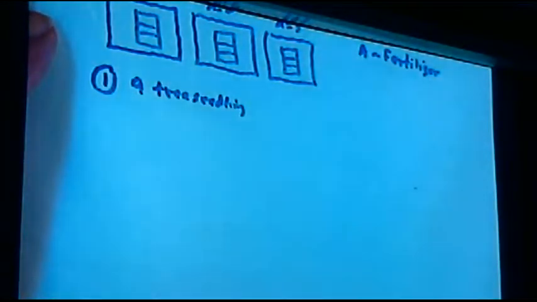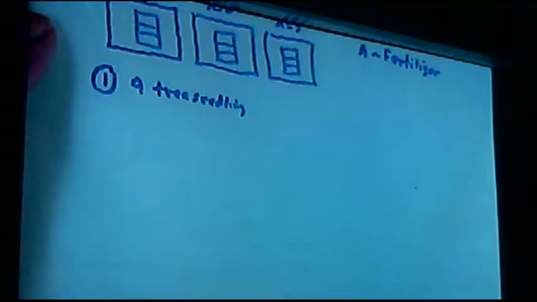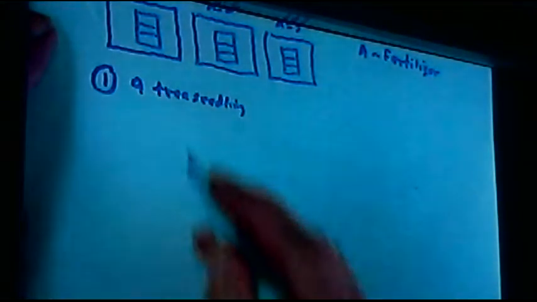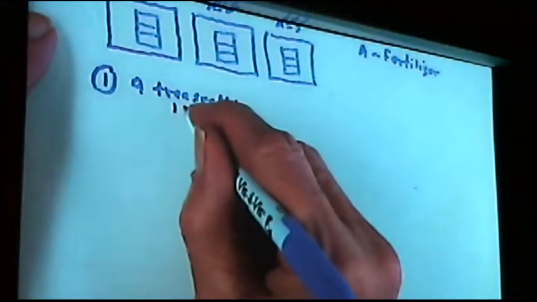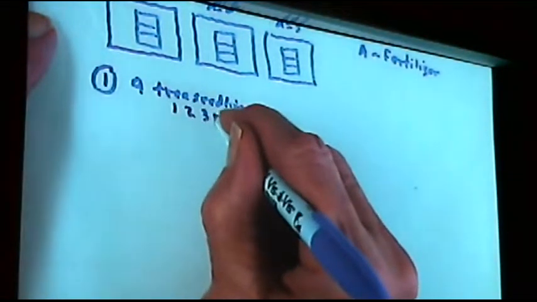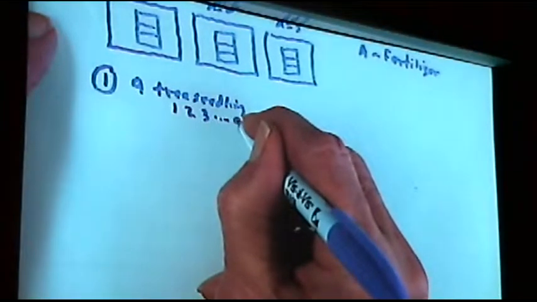I wish I would have made this a little bigger so I could have actually written some numbers in there. Let me say these 9 tree seedlings are labeled 1, 2, 3 through 9.